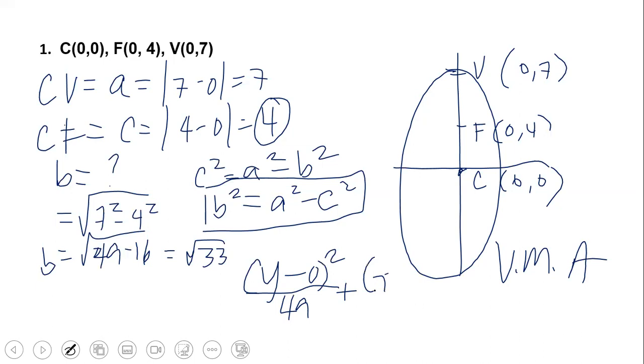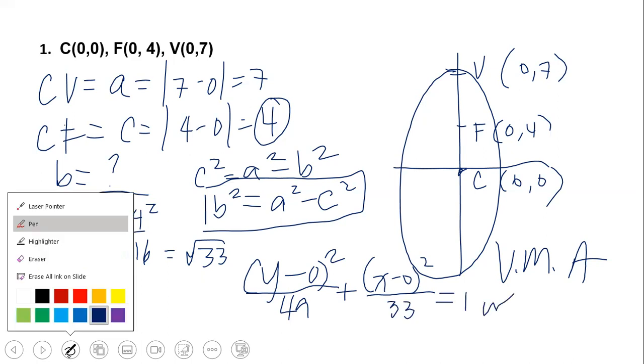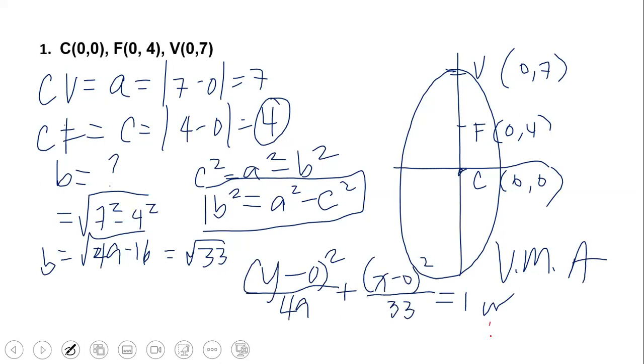So you also have x minus 0 quantity squared over 33 is equal to 1. Or you can say y squared over 49 plus x squared over 33 is equal to 1.